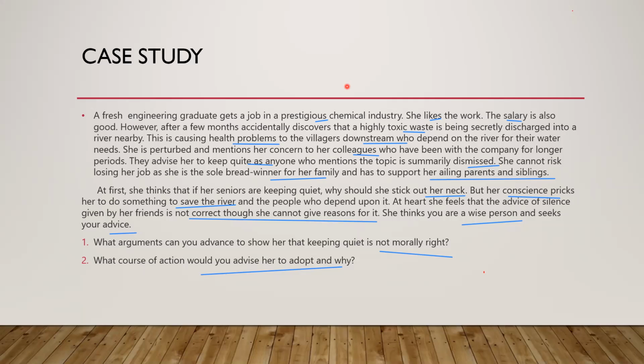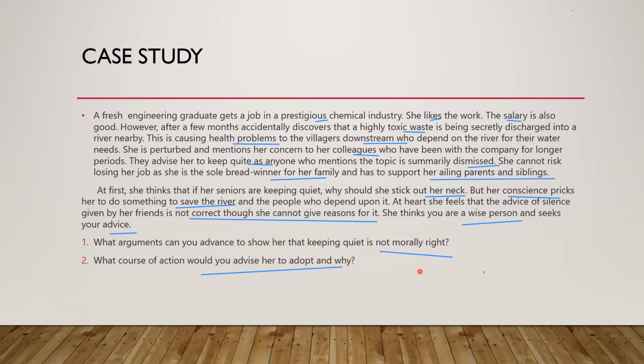So, what arguments can you advance to show her that keeping quiet is not morally right? Scriptures are always helpful in case studies.